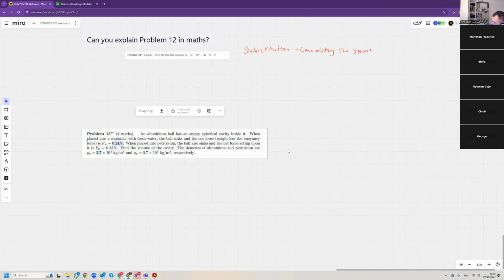When placed into a container with fresh water, the ball sinks and the net force is 0.24.